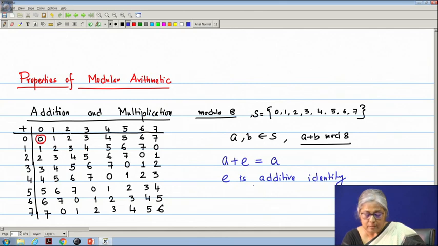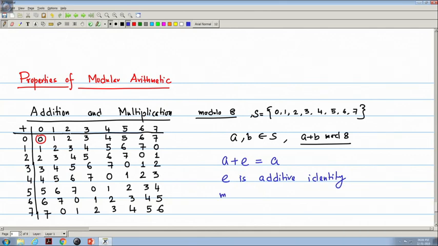So, here for modulo 8 addition, the additive identity is 0. Okay, the addition I have written, so I can write the identity element E is 0.